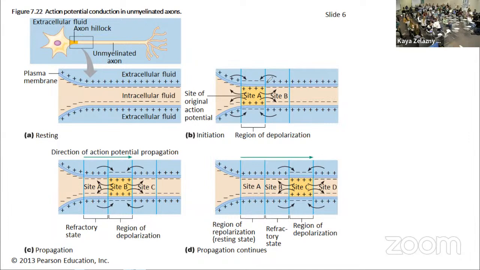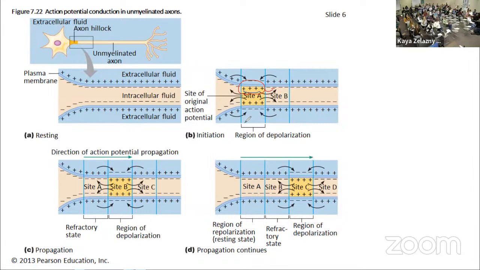Part of why we can have that direction is because of the refractory period of our neuron. When we have this first site depolarizing, we have sodium ions, these positive charges coming in. We focused first on the fact that they're flowing towards our next little patch of membrane down the axon, which they are.